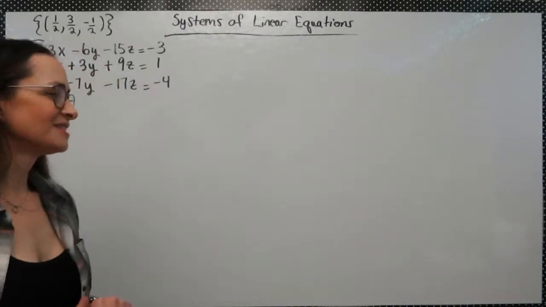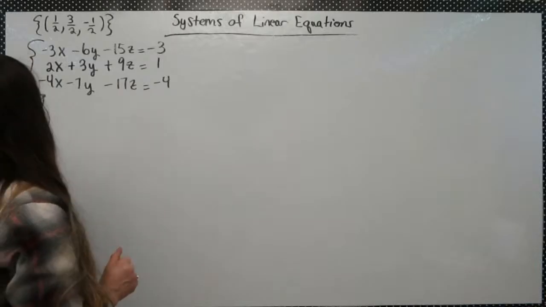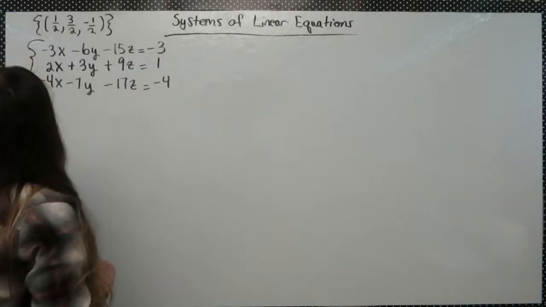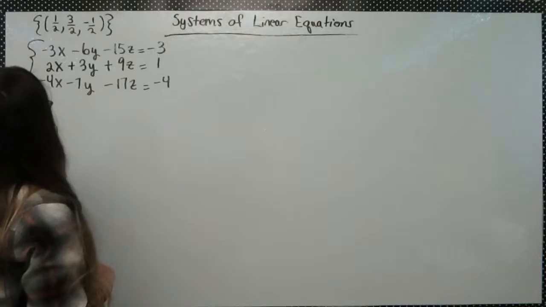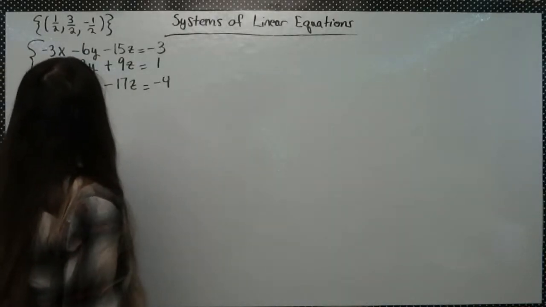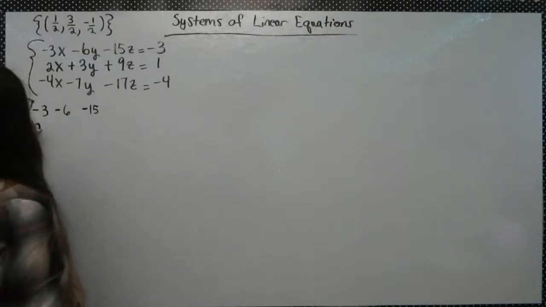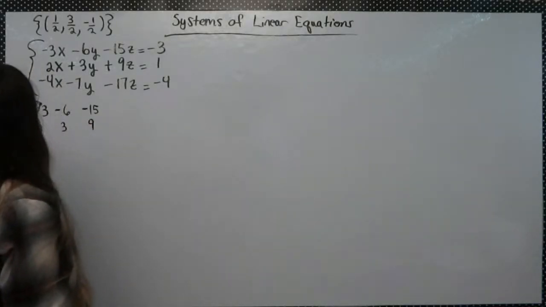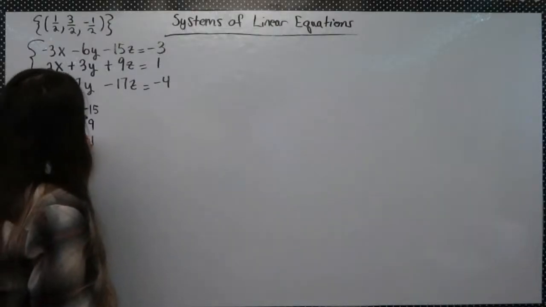All right, we'll go ahead and start by augmenting this matrix and listing out my coefficients. -3, -6, -15, 2, 3, 9, -4, -7, -17.